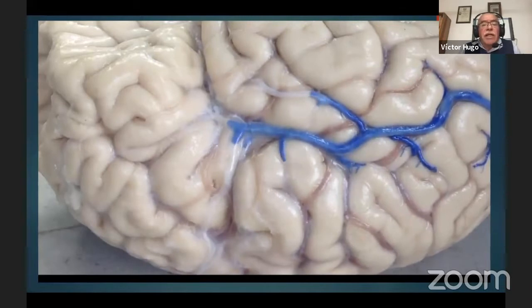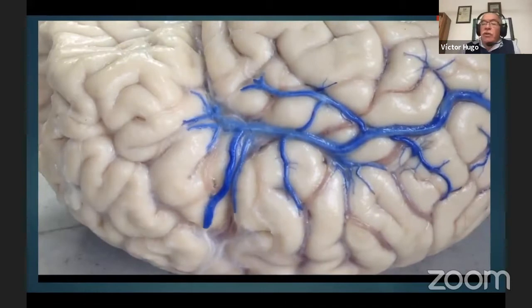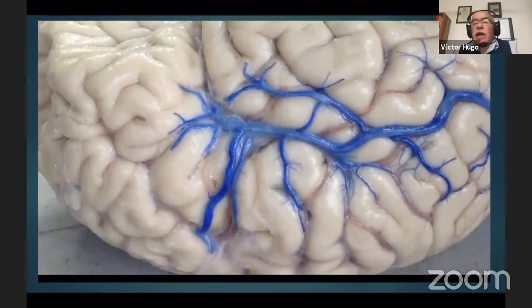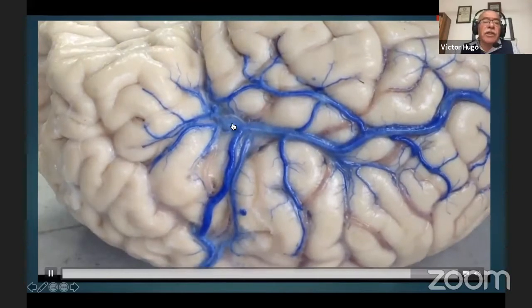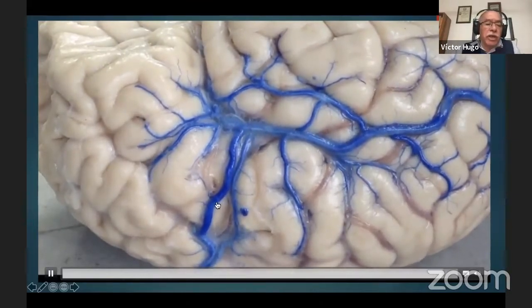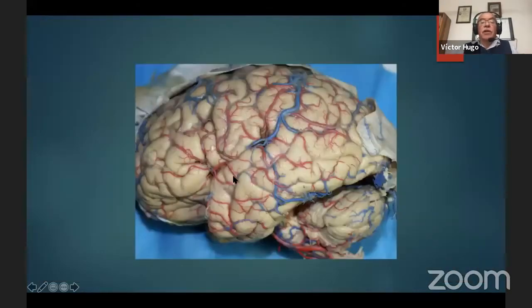But we have variations in the venous drainage. Sometimes we could have only a good vein of Labbé, but it doesn't have good anastomosis with the sylvian vein and also the vein of Trolard. In this lateral aspect of the brain, we can see the vein of Trolard, the frontoparietal vein, this great anastomotic vein.